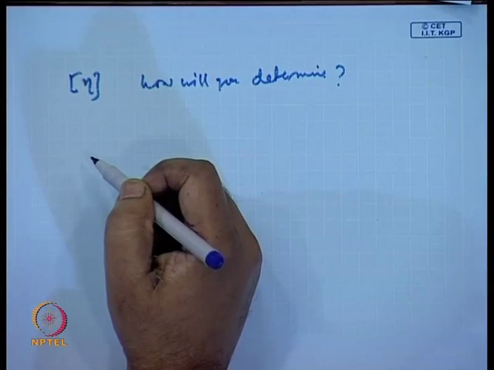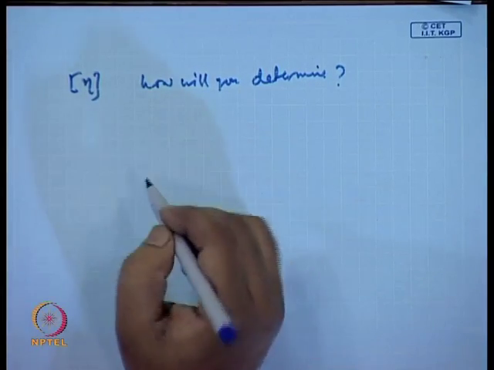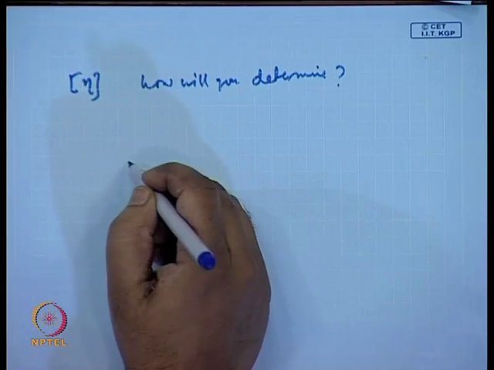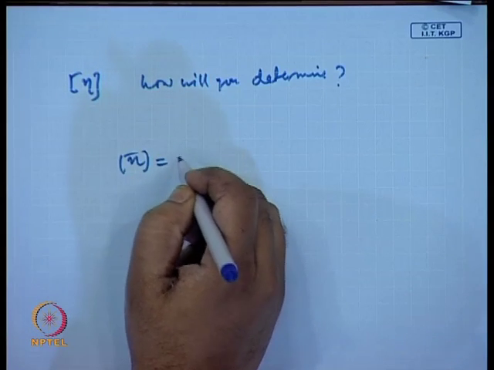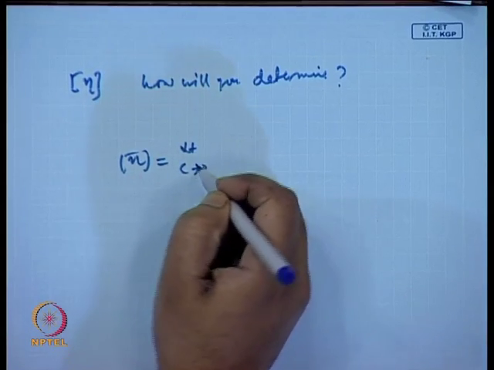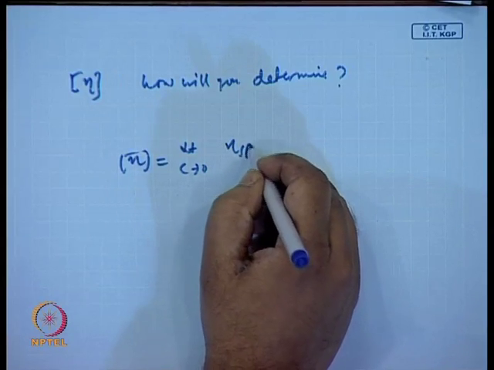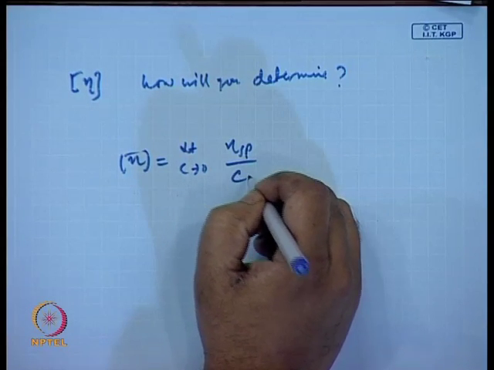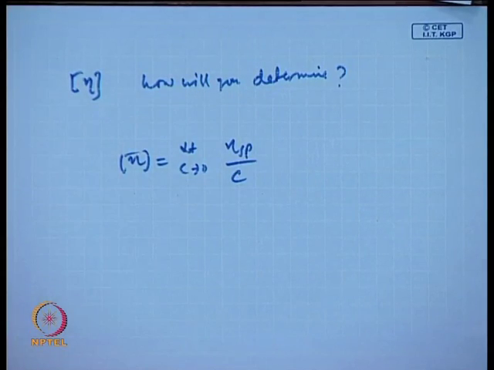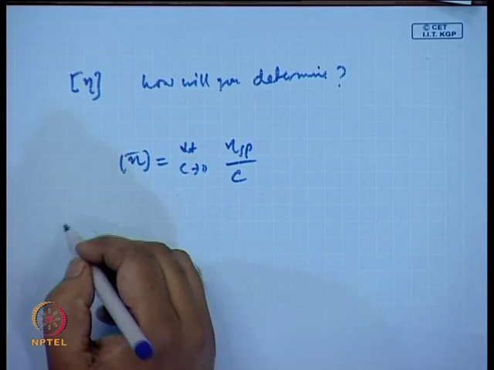Eta is given by the limit as C tends to 0 of eta sp by C.